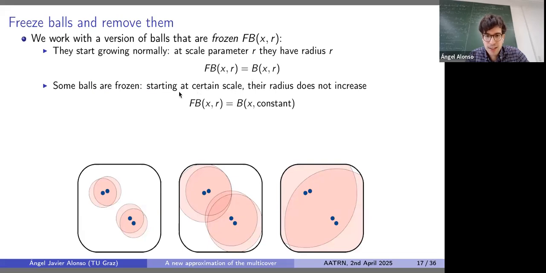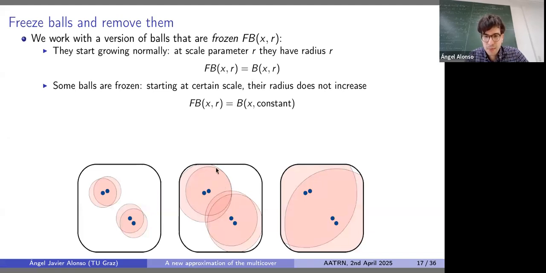At some point, at a certain scale, some balls are going to be frozen. They are not going to be growing anymore. The radius is going to be constant, as you can see here in this picture. So here we have, again, 4 balls, but this one has been frozen, it's not growing anymore. And this other one next to it is catching up to it and is starting to cover it.